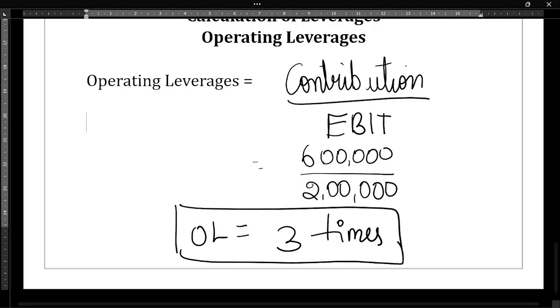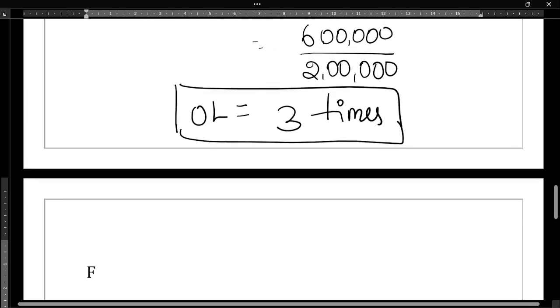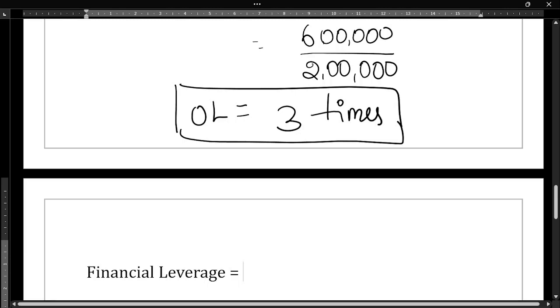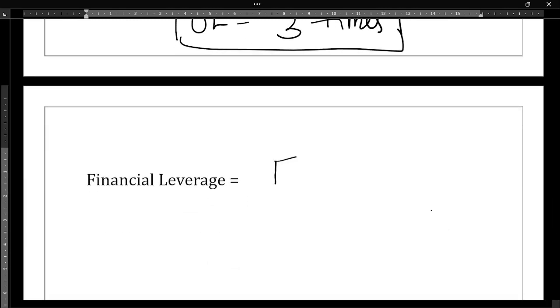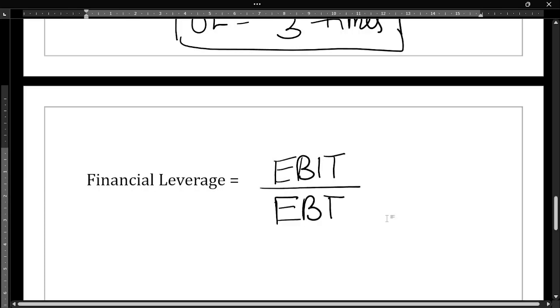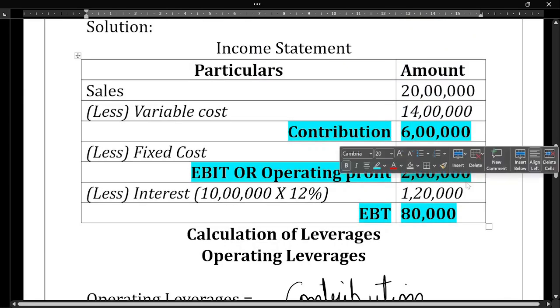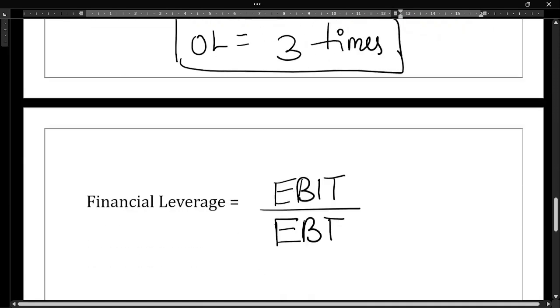Next we are supposed to calculate the financial leverages. The formula to find the financial leverage is EBIT divided by EBT. EBIT is 2 lakh and EBT is 80,000.